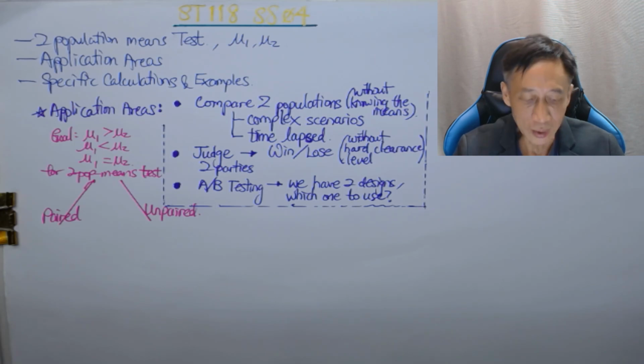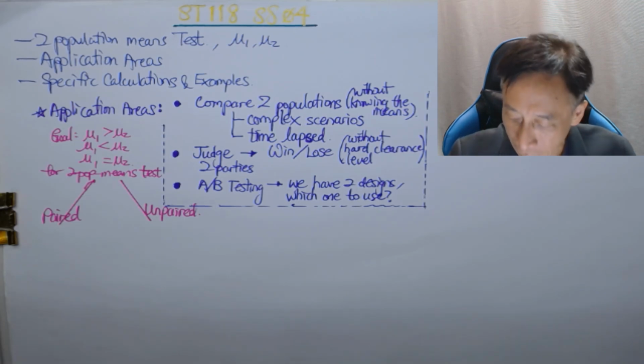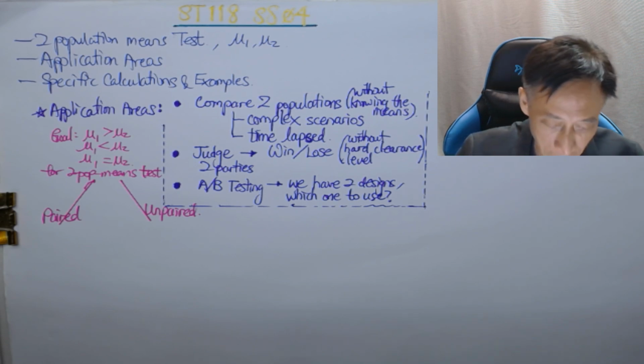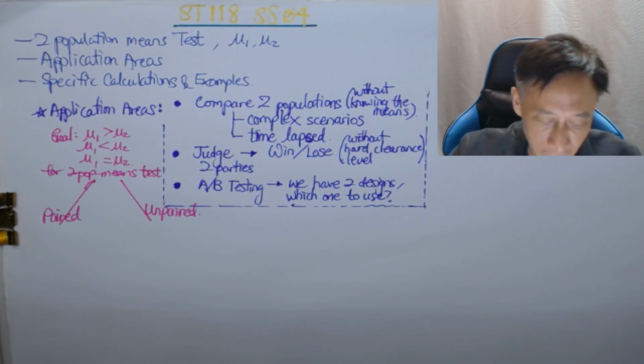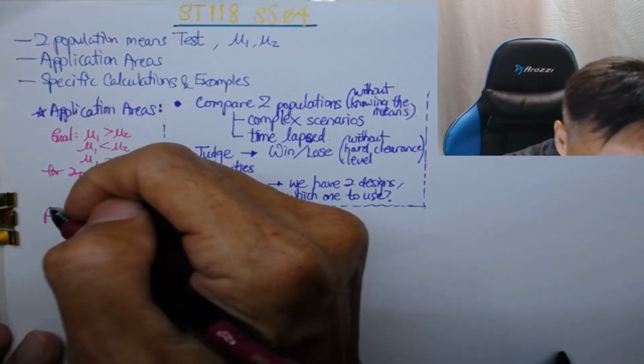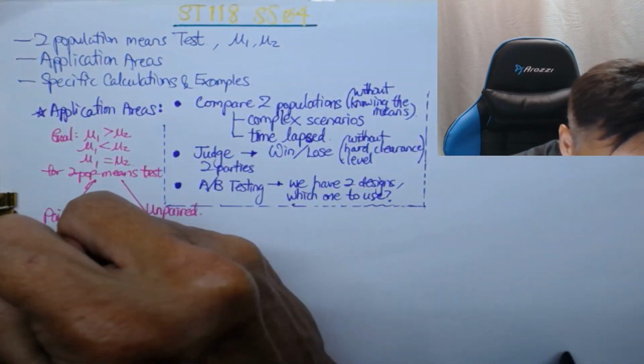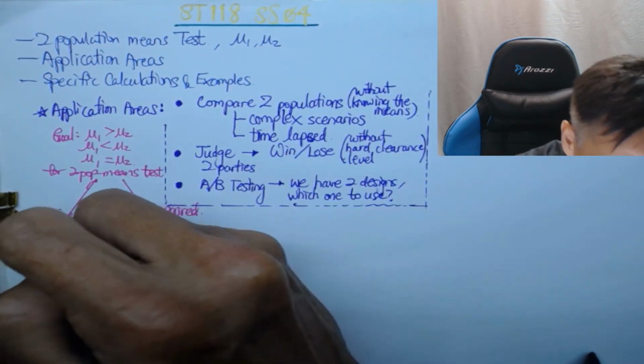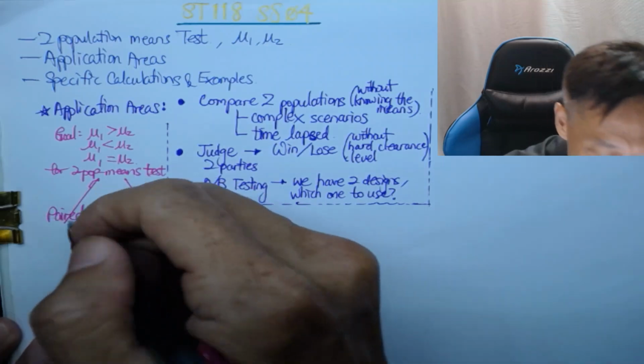For paired test, right? Let's write them down. The hypothesis. For paired test, the hypothesis will look something like this. Mu d, right? We are trying to decide on mu d, right?